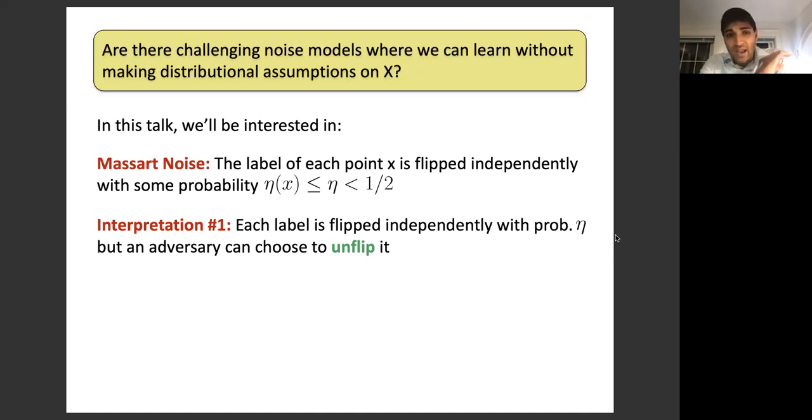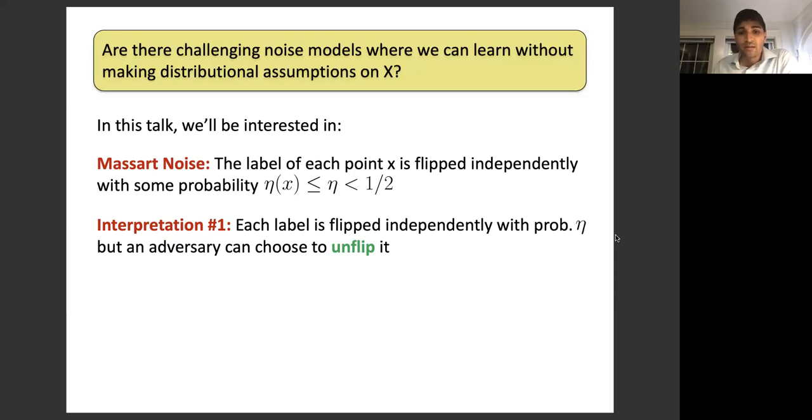So the noise rate is eta and it's constant across the domain. But now something funny happens, which is that some points X have a lower noise rate. So what you do is you allow an adversary to unflip some of the labels, to put them back to their correct label that they were to begin with.